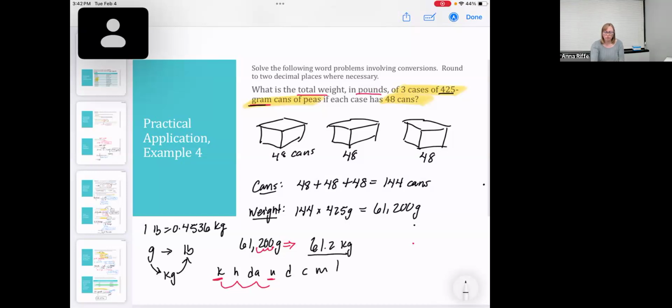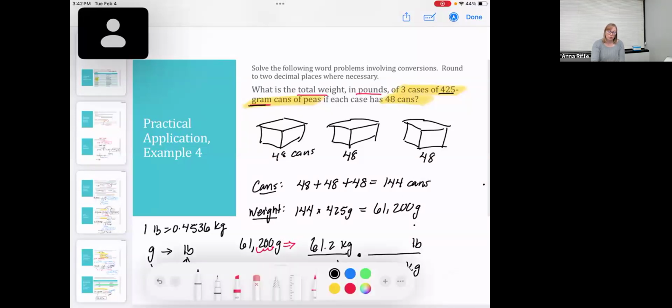I'm going to write that as a fraction. I'm going to multiply it by my unit multiplier that has kilograms on the bottom, which means I have pounds on top. We've gone from grams to kilograms. We now need to go from kilograms to pounds. Those kilograms will cancel.